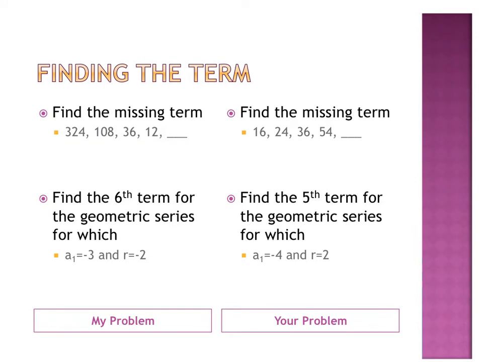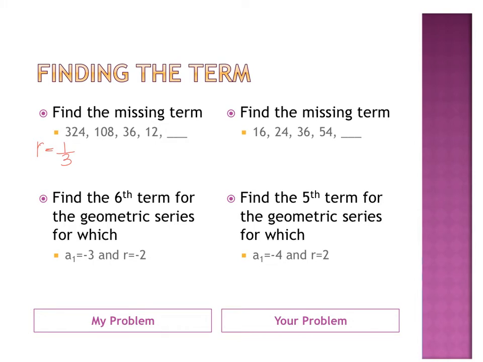Okay, so we're going to find the missing term. Our pattern goes 324, 108, 36, 12. What is the pattern? Dividing by 3, but we talk about what we're going to multiply by. So r is 1/3.